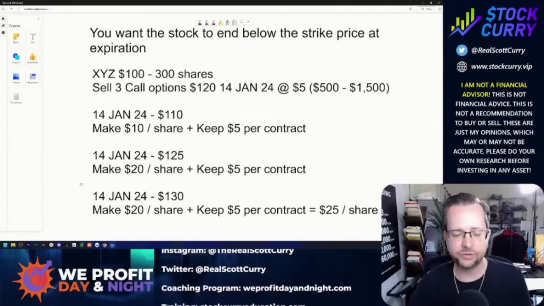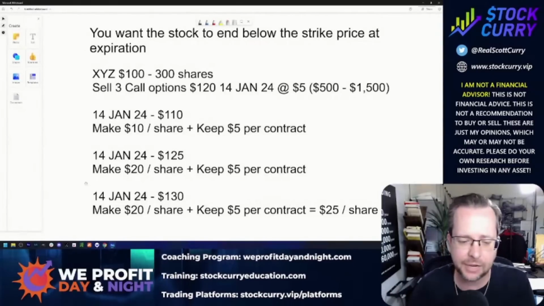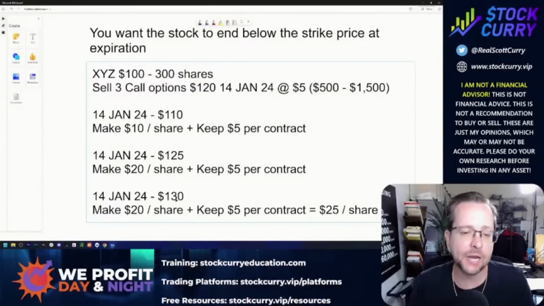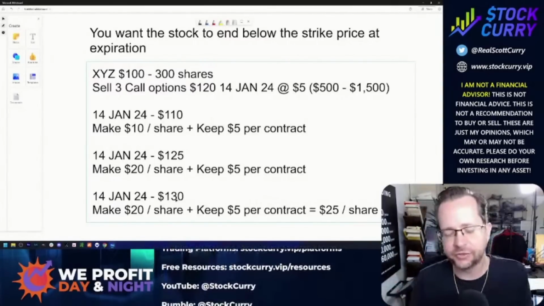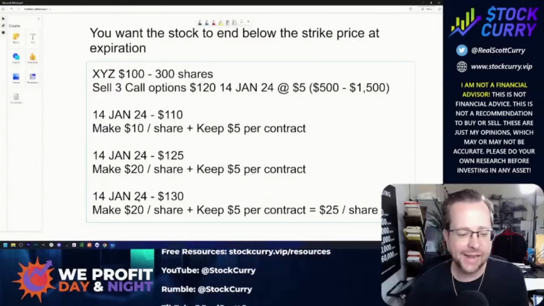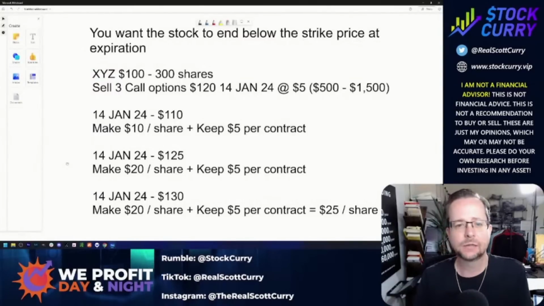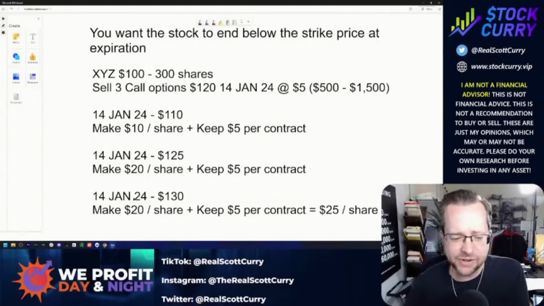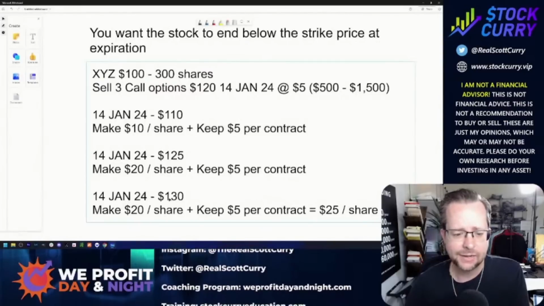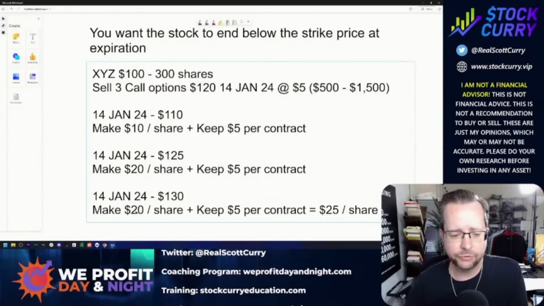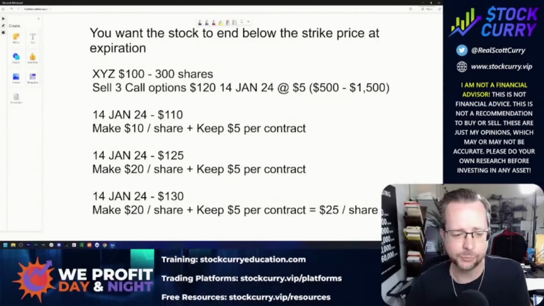But if you had not actually sold these call options and you just held your stock, you'd be making $30 per share. So, I mean, yeah, it really has to go up a lot for this not to work out. But in any case, with this call option, did you lose money? No. Because even if it goes to $130 per share, you didn't lose any money at all. In fact, you've still made $25 per share, which is incredible.